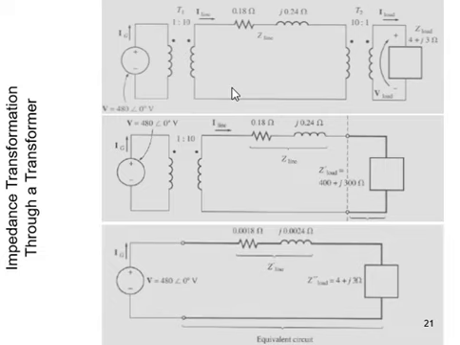As you can see, the Z line bar would be 100 times smaller than the value of Z line.